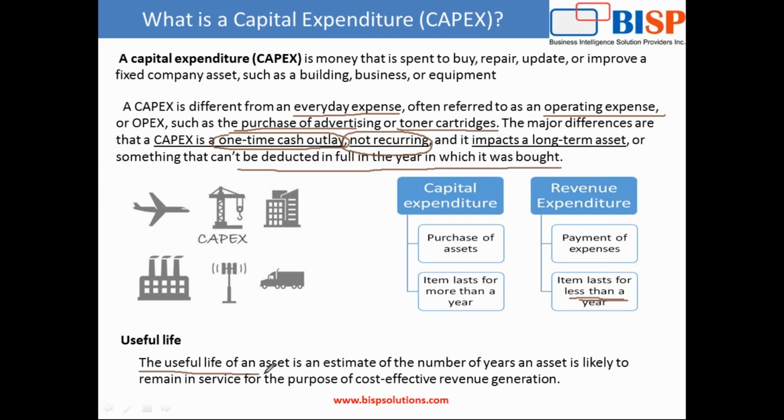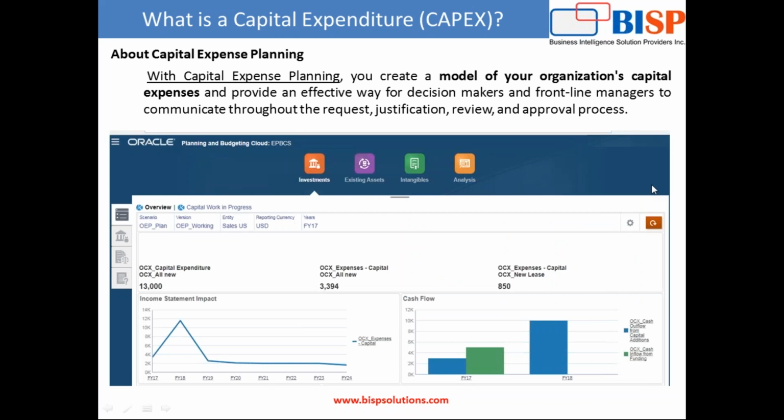The useful life of an asset is the estimated number of years an asset is likely to be used or remain in service for the purpose of cost-effective revenue generation. Once the useful life of an asset has passed, it turns into salvage value, or the leftover value of the asset. We will talk about this in greater detail when calculating depreciation.